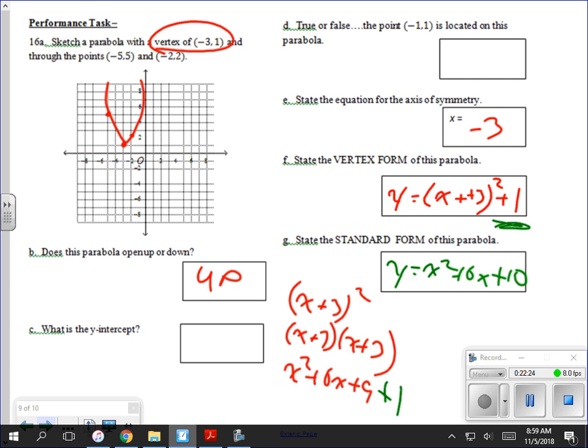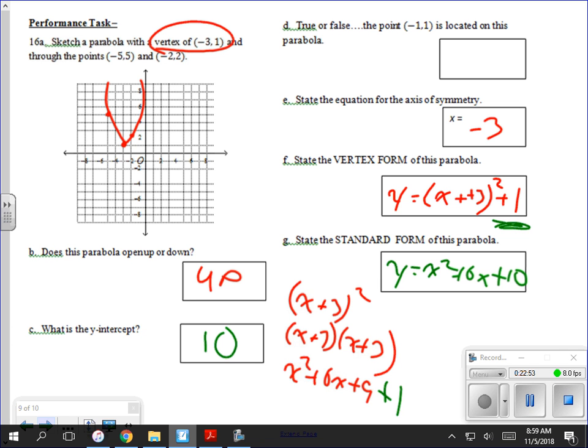What's my y-intercept? That's easy when I get it in standard form. It's whatever the constant is at the end. Or conversely, you can put in 0 for x in your vertex form. 0 plus 3 is 3. 3 squared plus 1 gives me 10. True or false? Is the point negative 1, 1 located on this parabola? Plug in negative 1 for x.